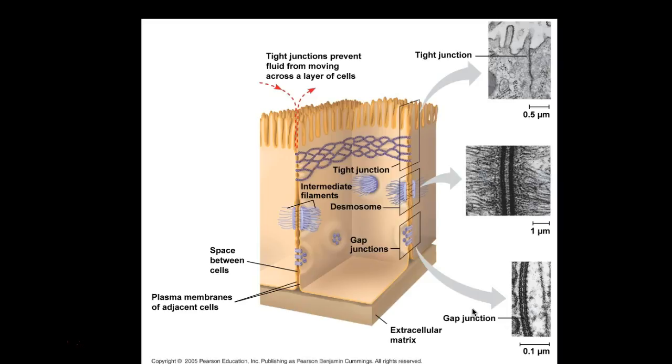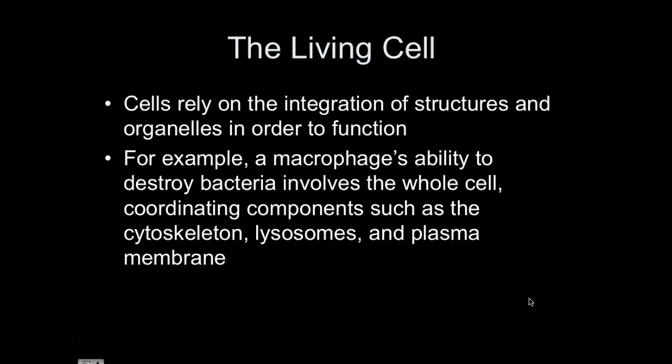So here you can see how the tight junctions would look. There's a cartoon drawing of what it looks like through an electron micrograph. Desmosomes, and then gap junctions. So ultimately, in conclusion, living cells rely on the integration of structures and organelles in order to function.